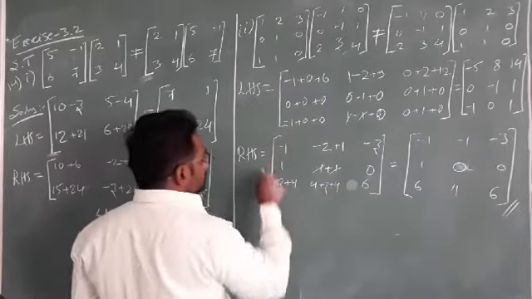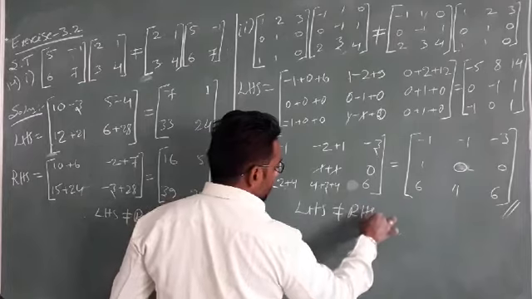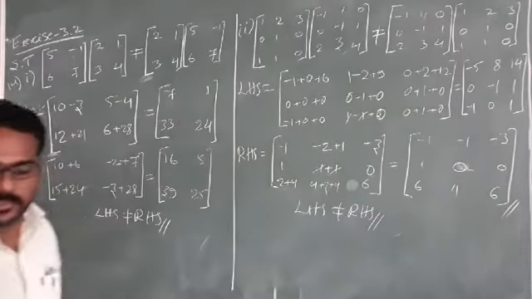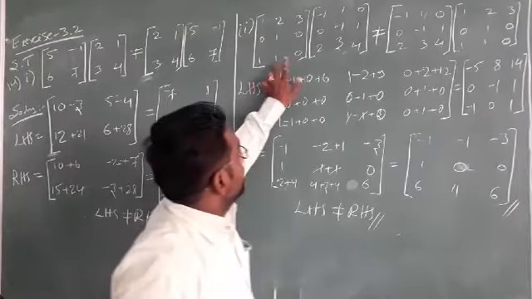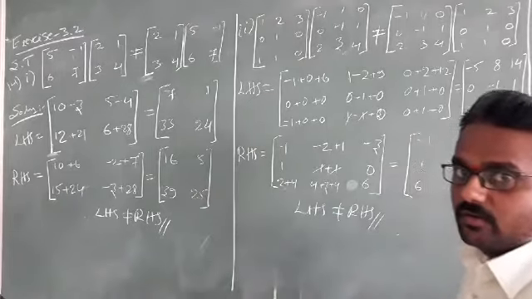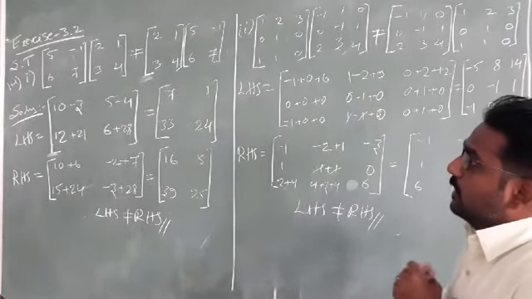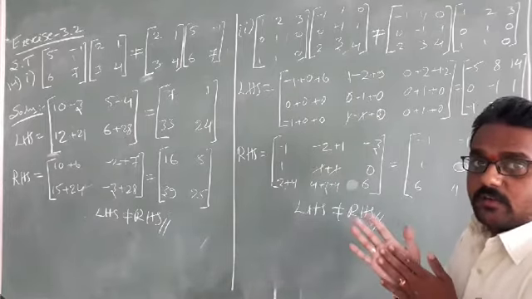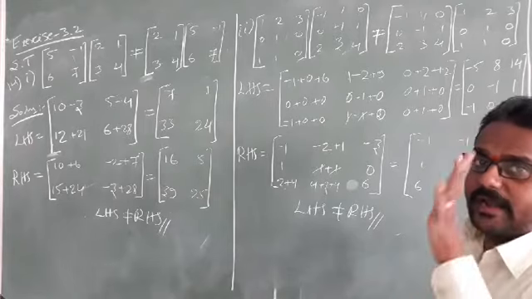So, from these two values, we obtain LHS is not equal to RHS. Okay? Why? Even though we are doing the product AB and BA, why does it not hold? Already we know matrix multiplication is not commutative. If you want to make it commutative, you need to choose diagonal matrices only.